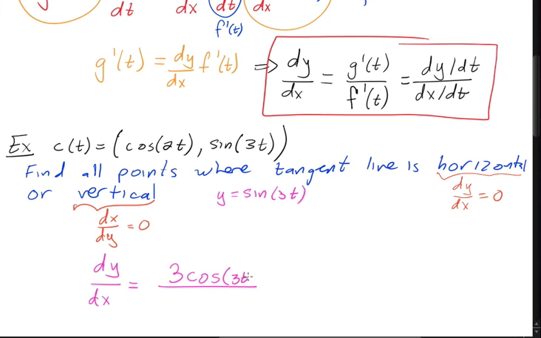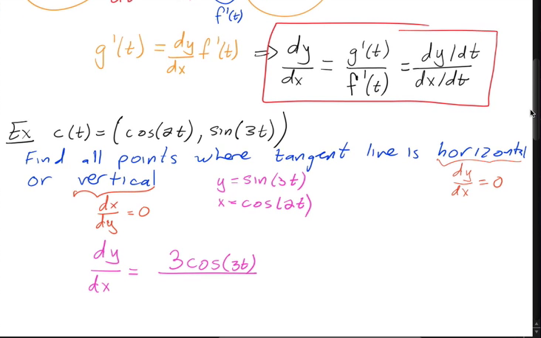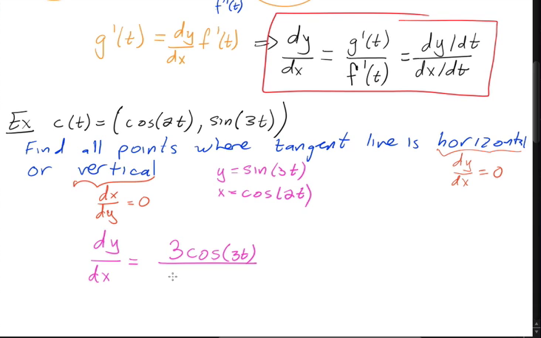And then dx over dt. So I know x is equal to cosine of 2t, right? So dx over dt would be negative 2 sine of 2t.